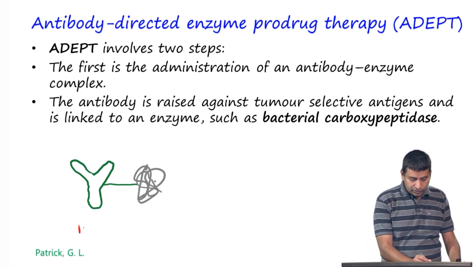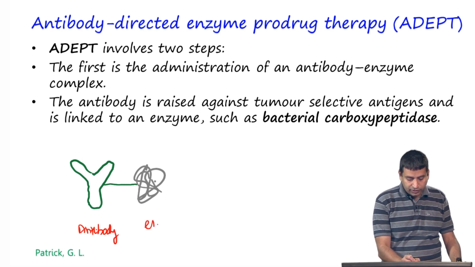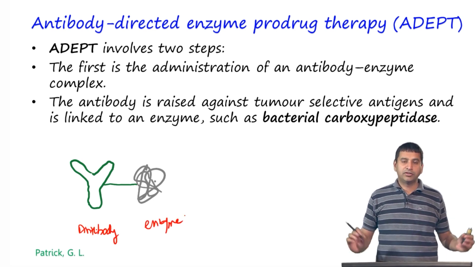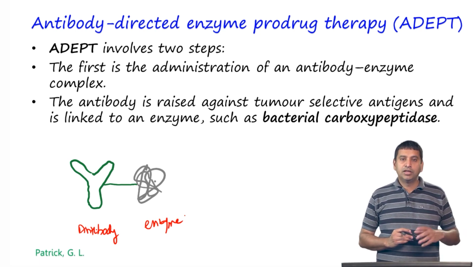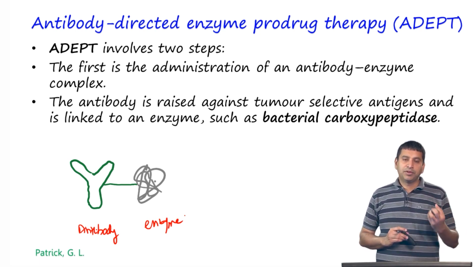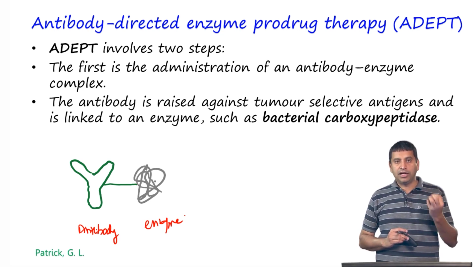Here is the antibody and here is the enzyme. Once you make this complex, it is administered to the patient. This antibody is raised such that it will bind selectively to tumor selective antigens.